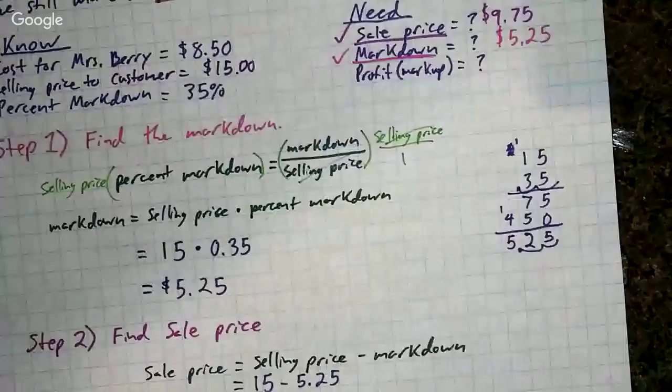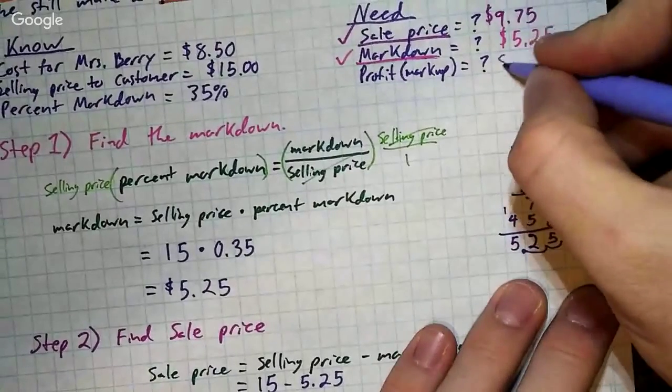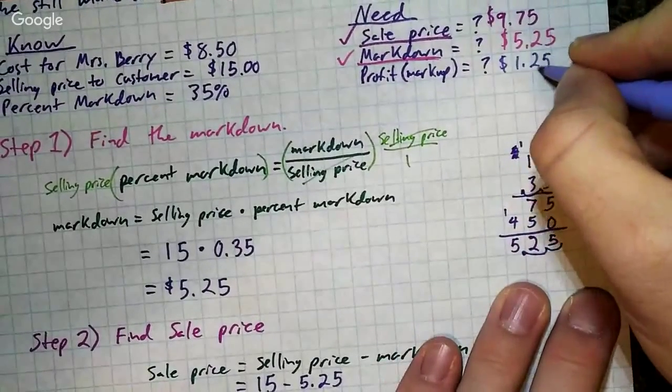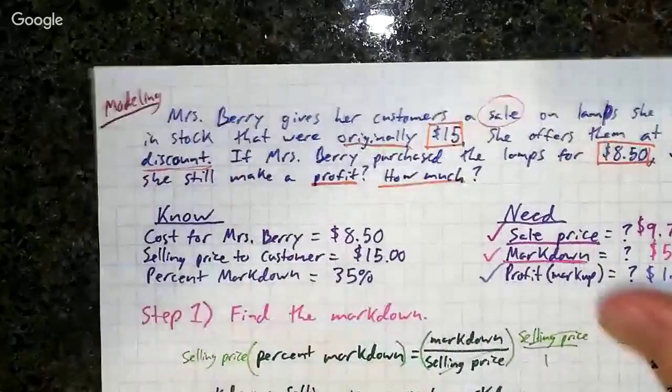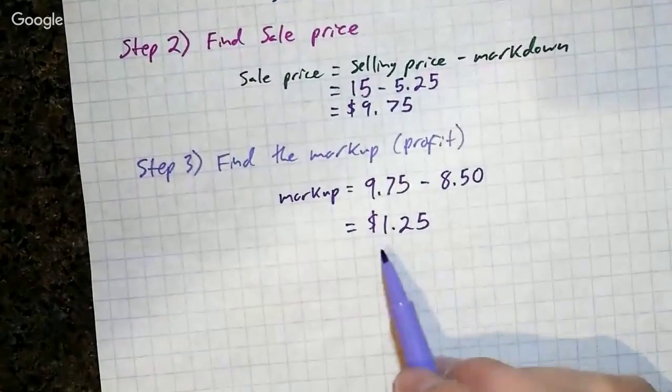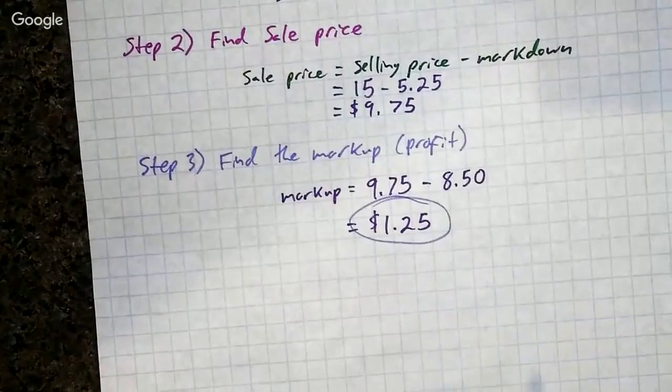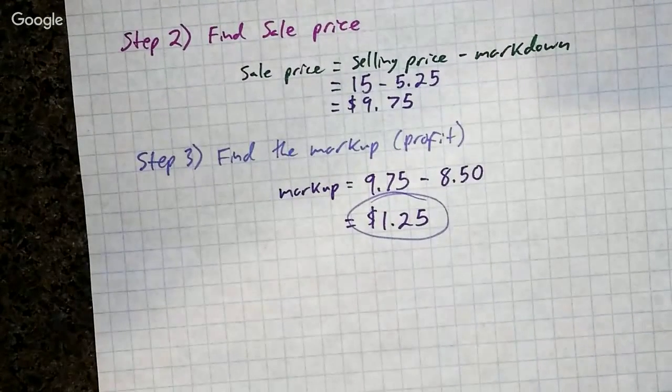So we found that. Now we've found everything we need. Now, the final question. Would she make a profit, and if so, how much? Well, she would make $1.25 a profit on each of her sales.